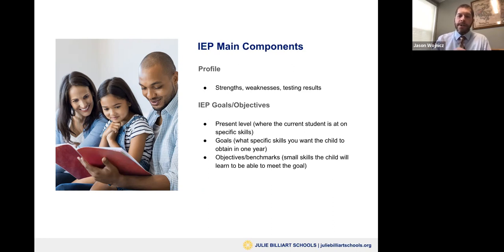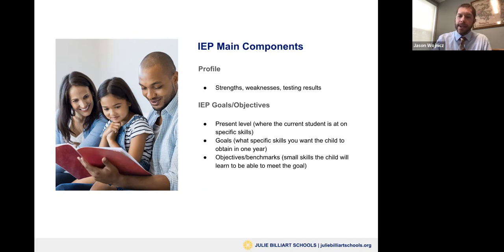Now, going back to the ETR, the evaluation process, let's say that the academic assessments came out very strong. The child is excelling or doing grade level work in reading, writing, and math.